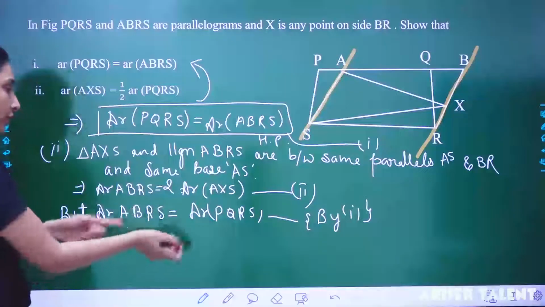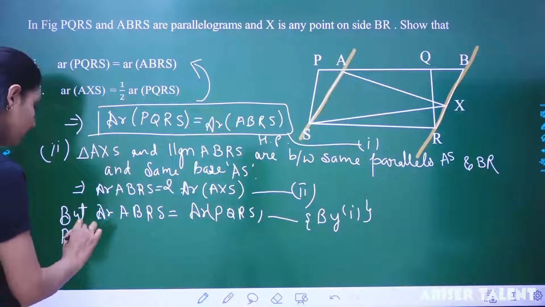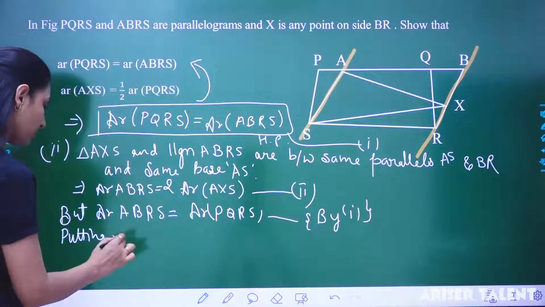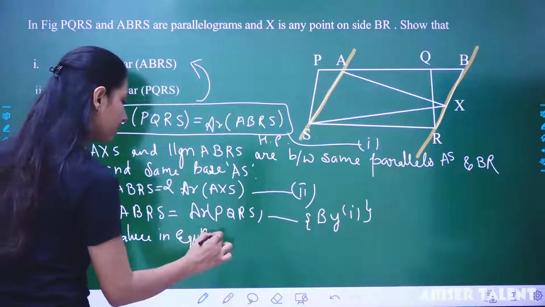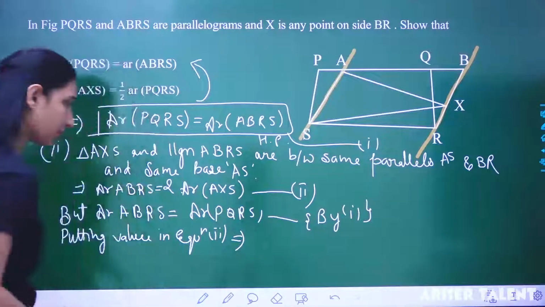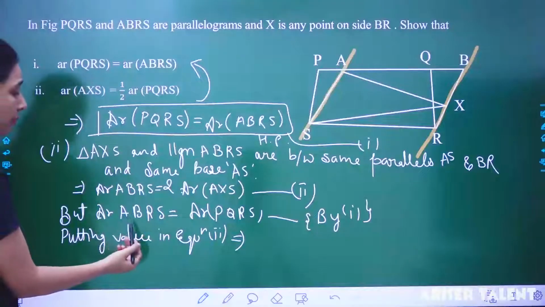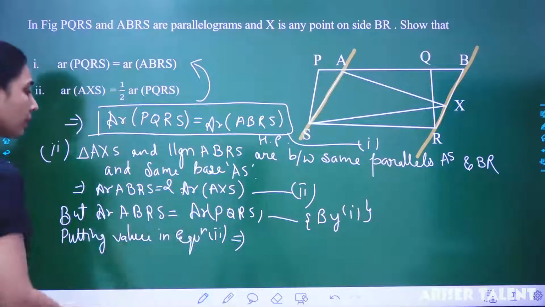So, putting the value in equation 2, I am just going to replace the value of ABRS with PQRS. Okay.